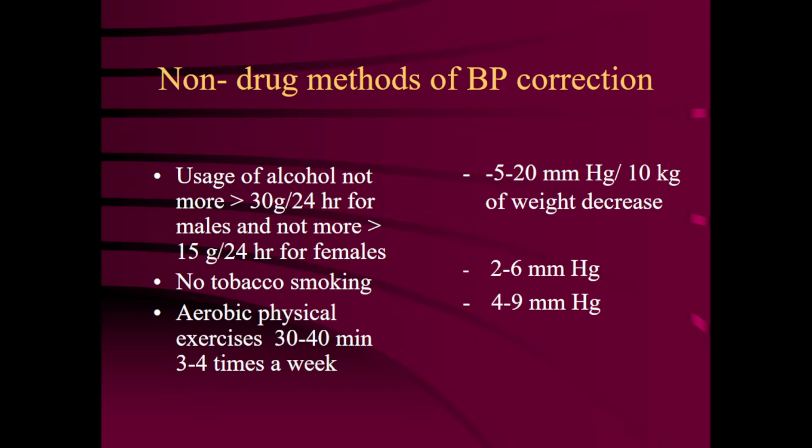What about stopping tobacco smoking? Blood pressure will be reduced from 2 to 6 millimeter mercury. Aerobic physical exercises, minimally from 30 to 40 minutes, 3 to 4 times a week, lead to decrease of blood pressure by 4 to 9 millimeter mercury.